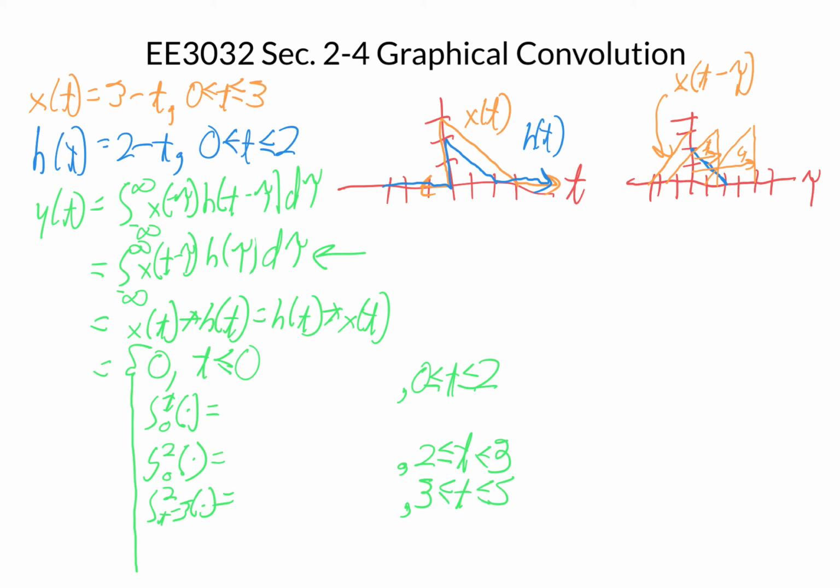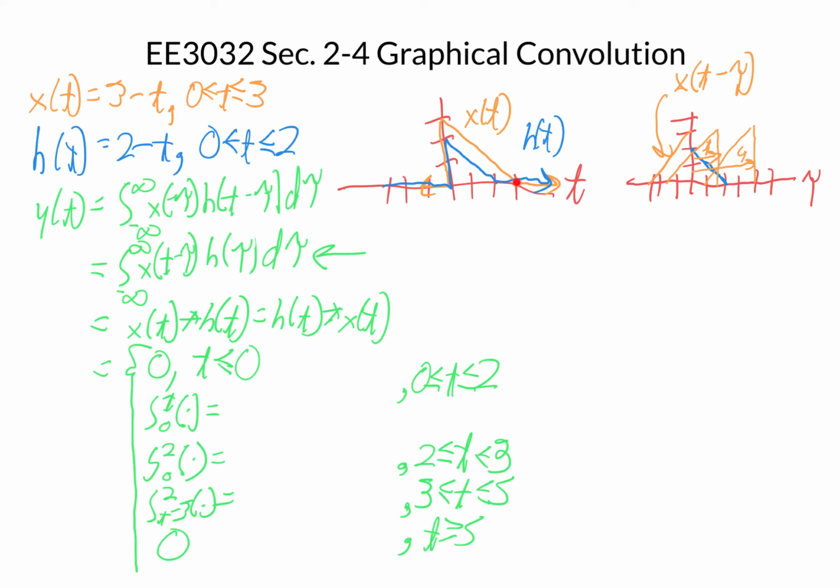And finally, I have a 5th segment. Let's write it out. And that is when t is greater than 5. In that case, my output is going to be 0 because the orange function no longer overlaps the blue function. What does that mean in physical terms? Well, the input x was only on at all from 0 to 3 seconds.